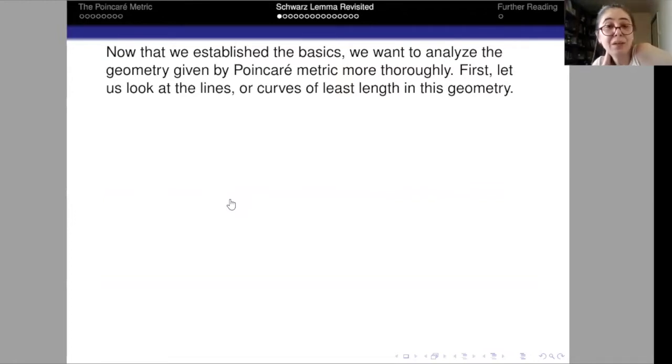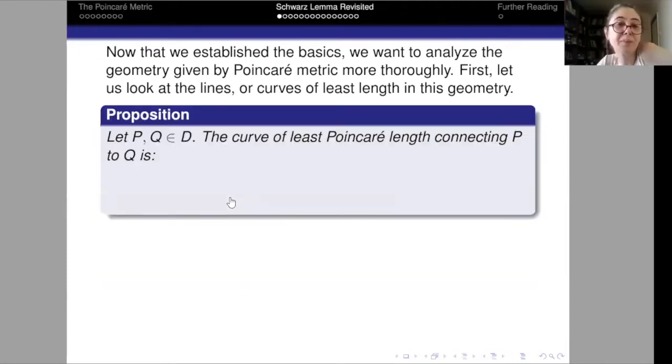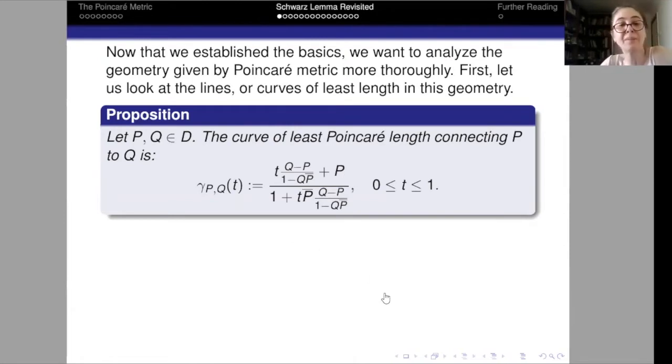First, I want to look at the lines or curves of least length in this geometry. We take any 2 points in the disk. The curve of least Poincaré length connecting P to Q is given by this nice little formula.